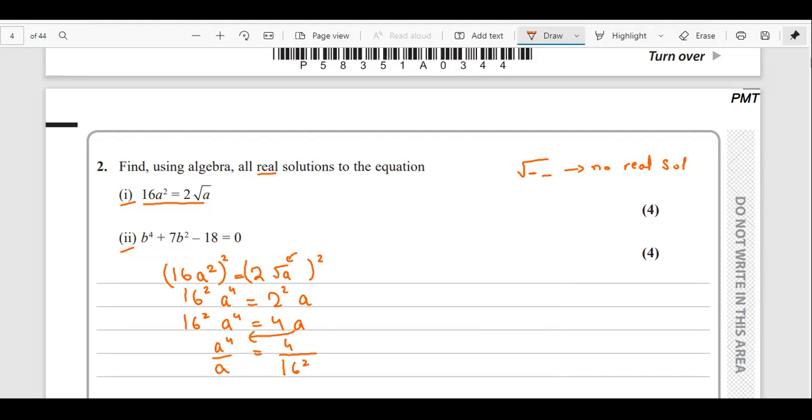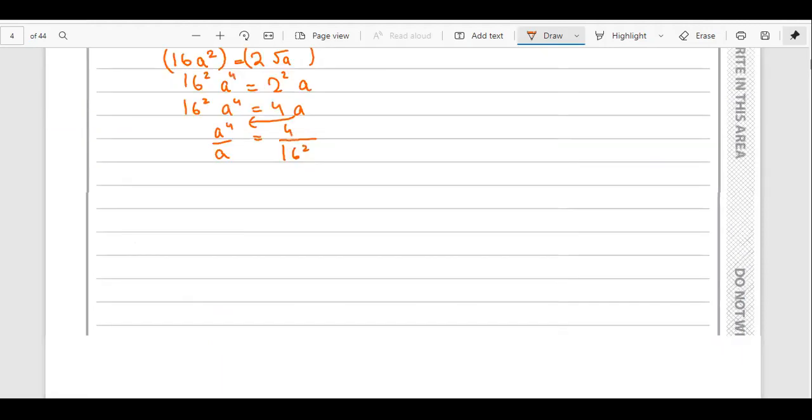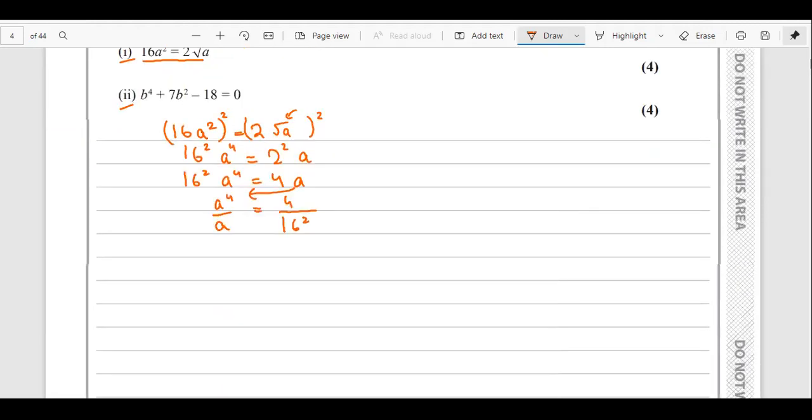And you are going to get a cube equals 1 by 64. And now when you find a by taking the cube root, you are going to get a equals 1 by 4, right?